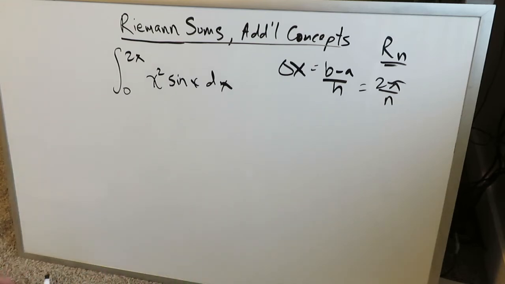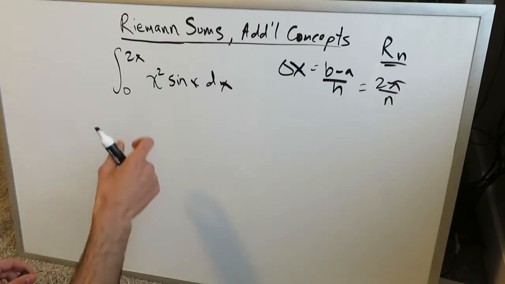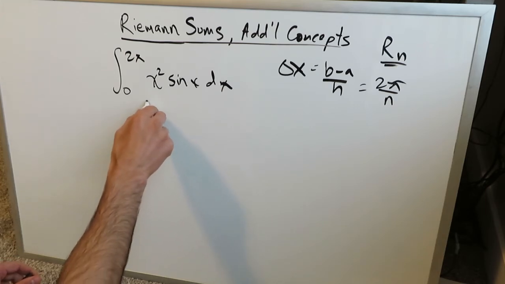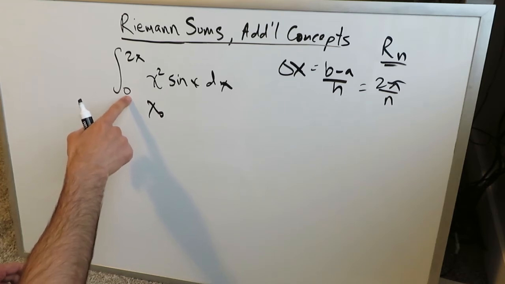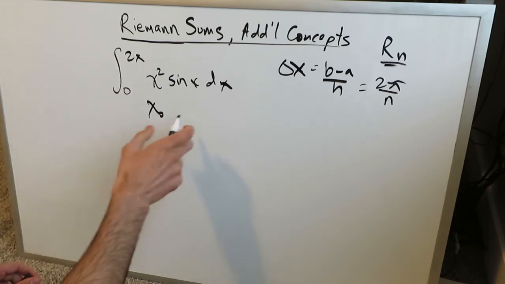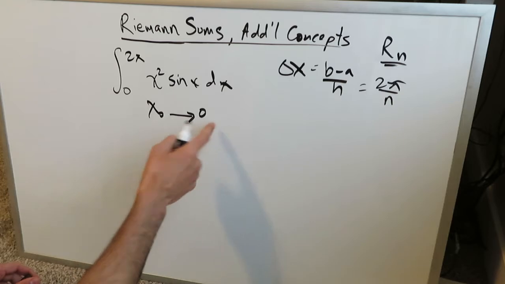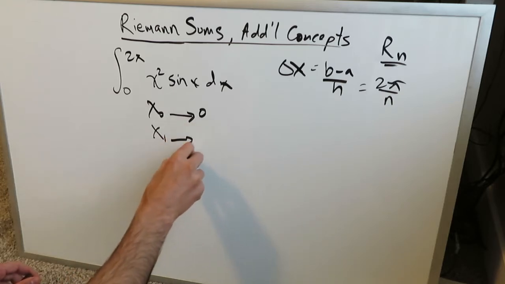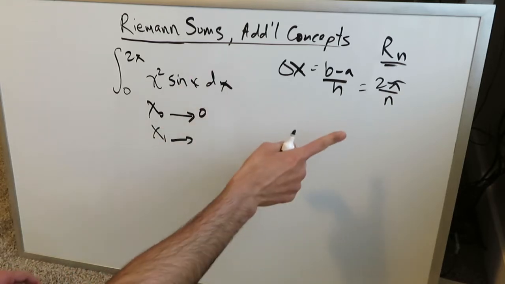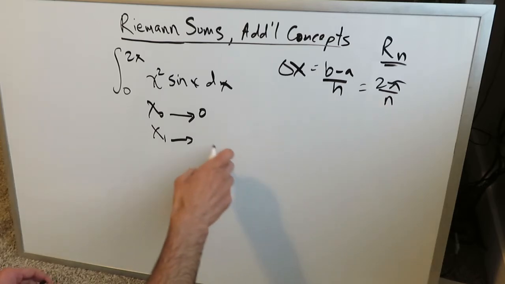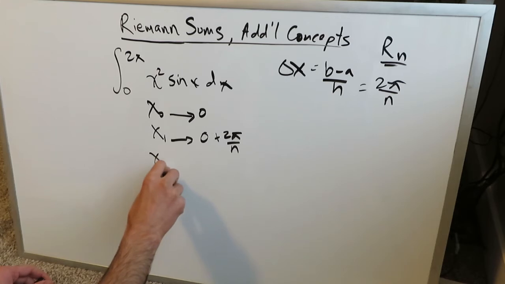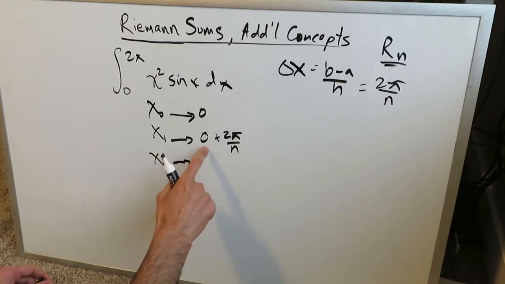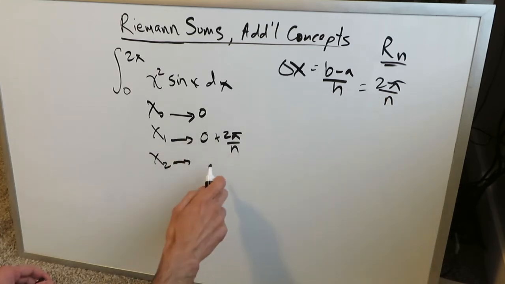Now the next thing you want to do is look at the sample points in terms of the intervals. For the first sample point, x of 0, the lower end of the limit is 0, so x of 0 is just 0. x of 1 is the same number but an interval away, so it will be 0 plus 2 pi over n. The next number will be exactly the previous number, but again the same interval away.